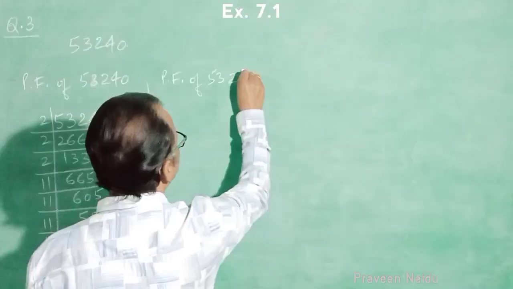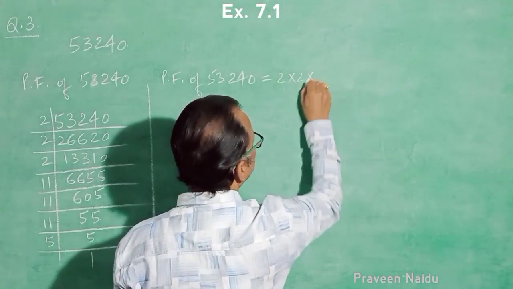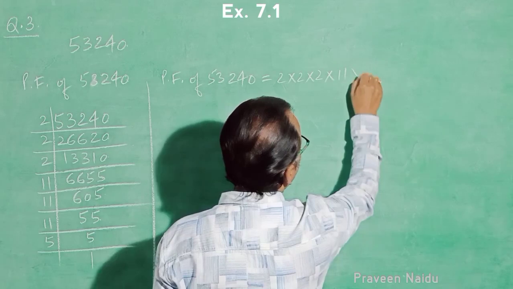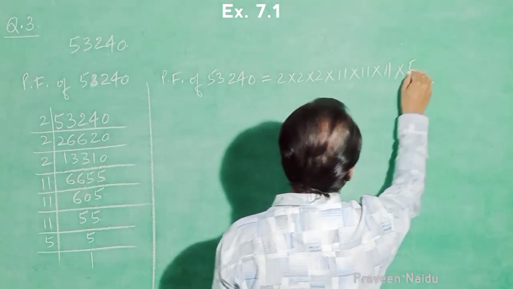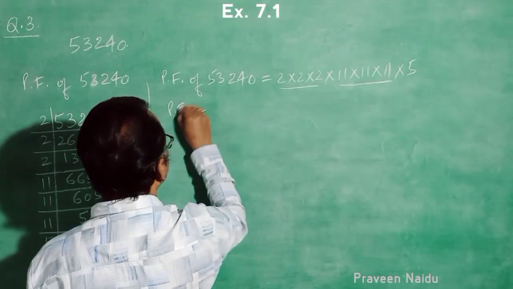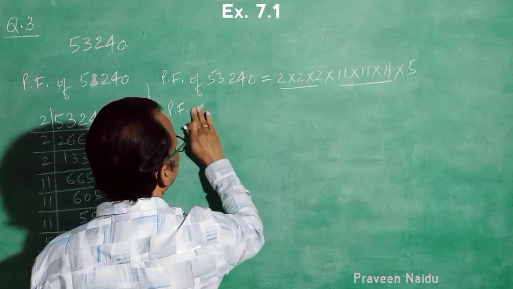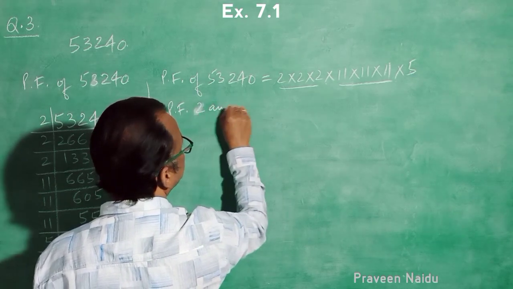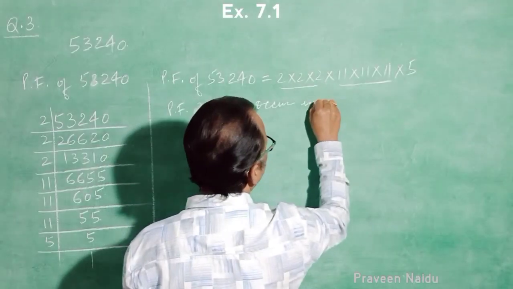In the prime factors, there are 3 times 2, 3 times 11 and only 1 time 5. To make the number a perfect cube, we have to just remove the factor 5.